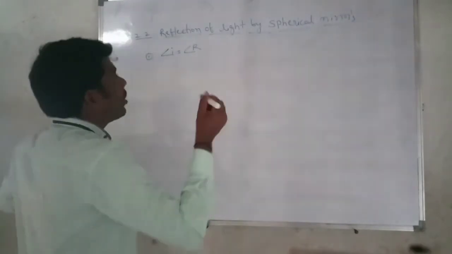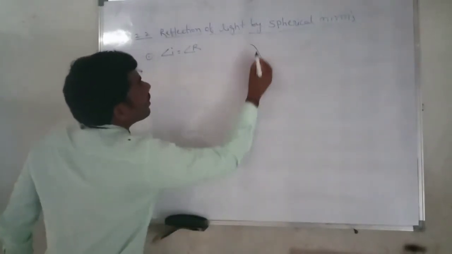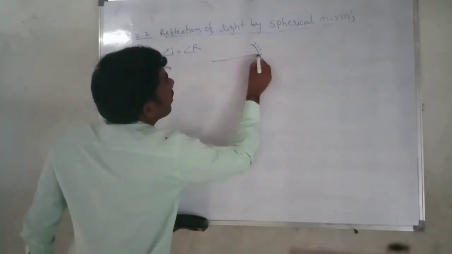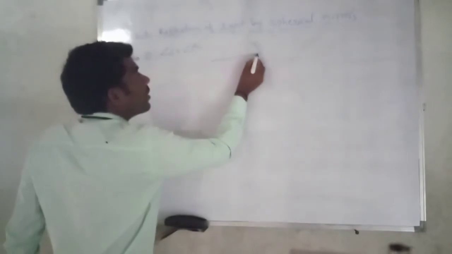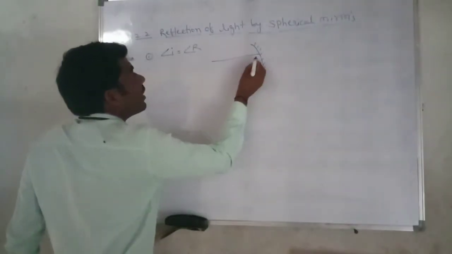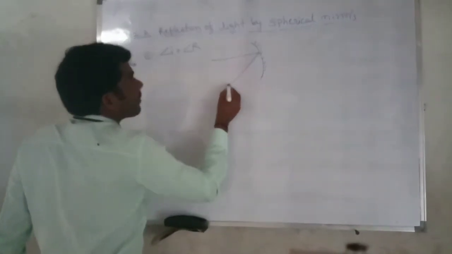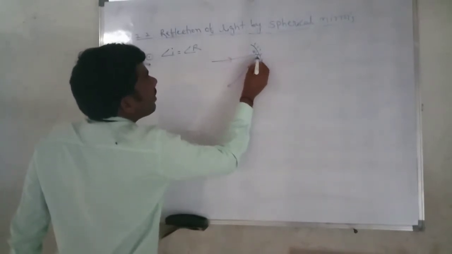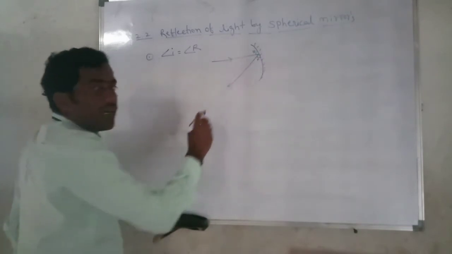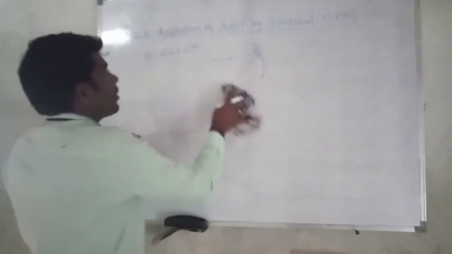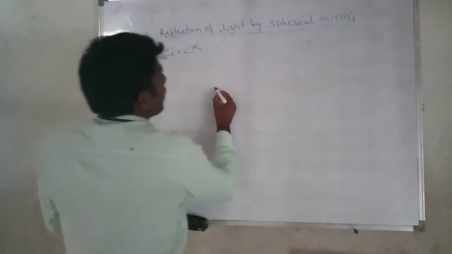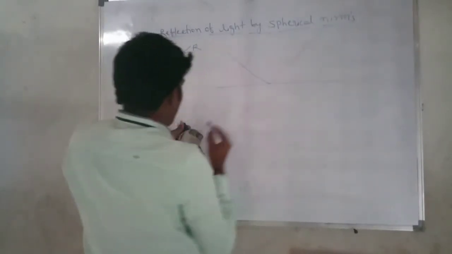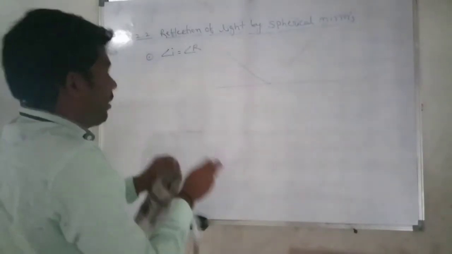This is shown like this. This is the mirror. Suppose the light is incident on this, then it gets reflected.